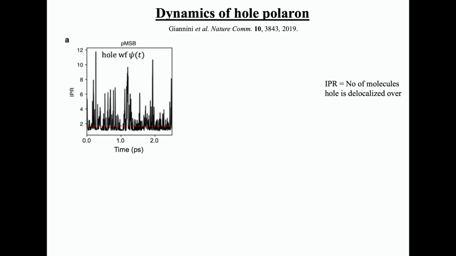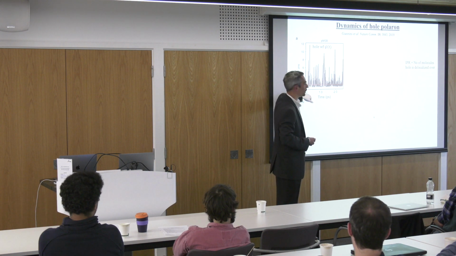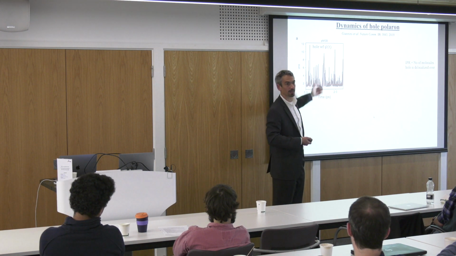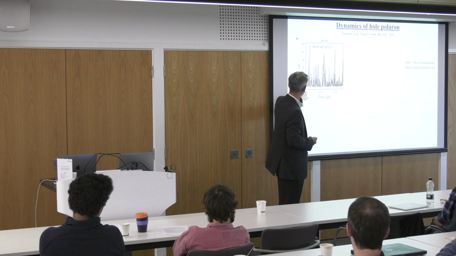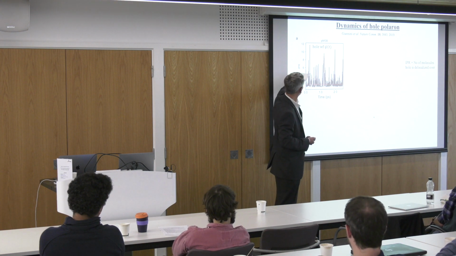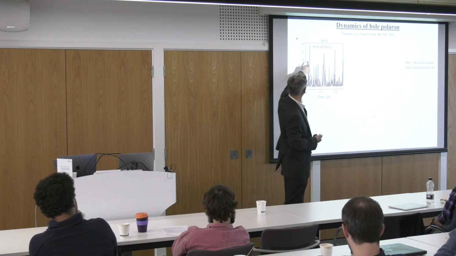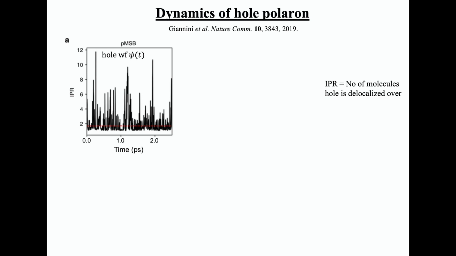So what you see is that most of the time, the IPR is something between 1 and 2, and this is the localized state that we have seen, and that's the time average. But every now and then you see states where the polaron is delocalized for very, very short periods of time, over let's say up to 10 molecules, and so.